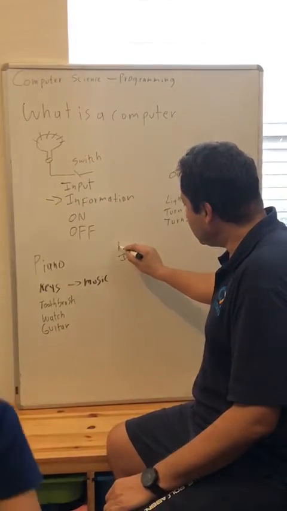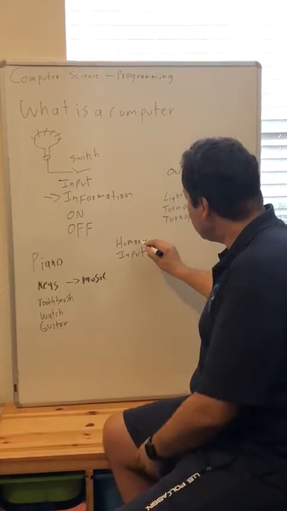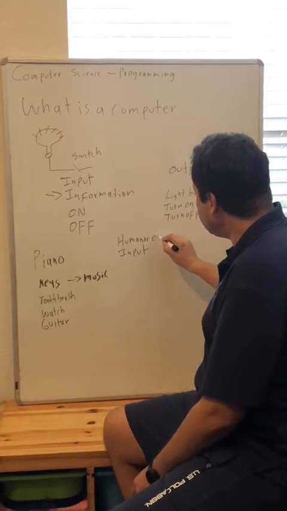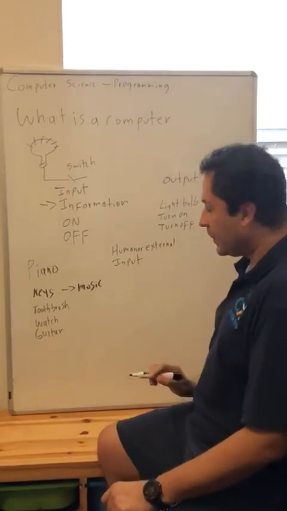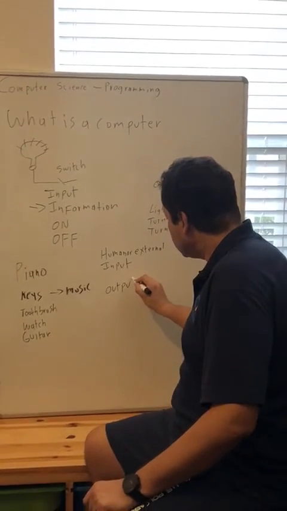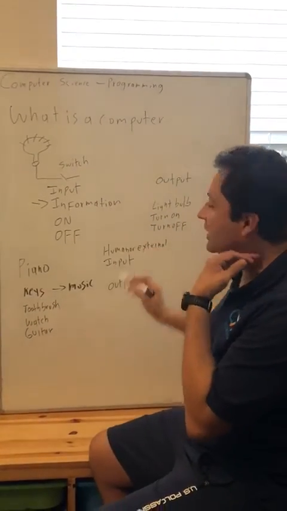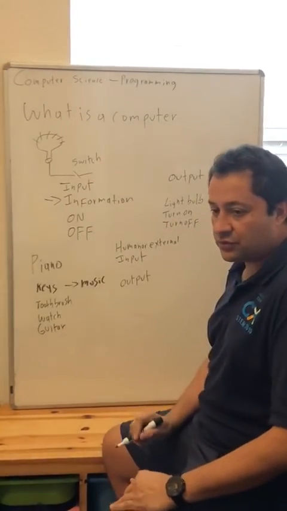Okay, but what we are describing is that a computer is something that you provide an input, right? So human or external input, and then it produces some type of output. And I'm going to explain why human or external. I'm going to go back to the switch.